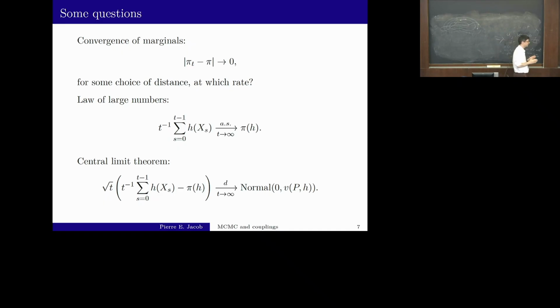So if it was IID, the asymptotic variance would be the variance of h of x under pi. But here it's not. There are correlations, so it's a more complicated object. It's complicated to estimate. However, the rate of convergence in terms of t would be the same. If you did t draws of IID, you'd still have a convergence rate square root of t, just the variance would be different.